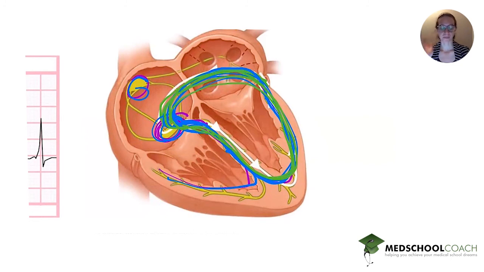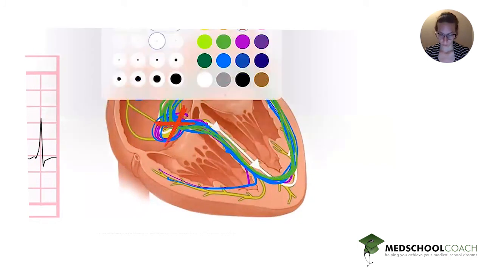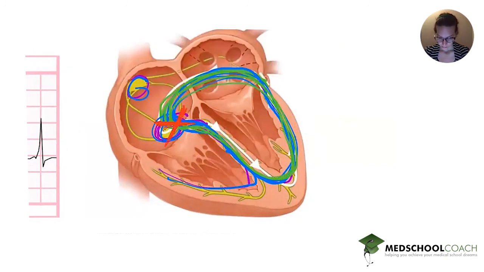But it wouldn't actually matter, because the point is, a great way to treat this is to block the AV node. Now we've blocked part of this loop. So when our impulse goes around again, it's going to go down and back up, and then it's going to get here to the blocked AV node, and this reentrant circuit will stop.